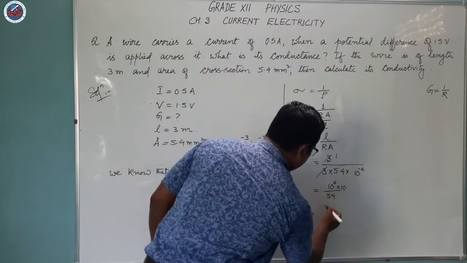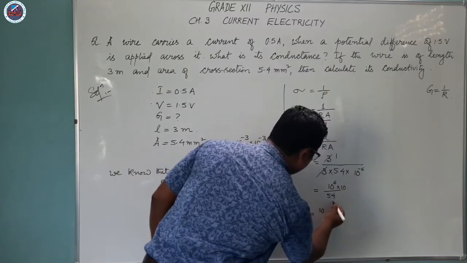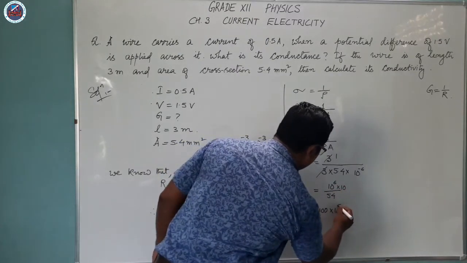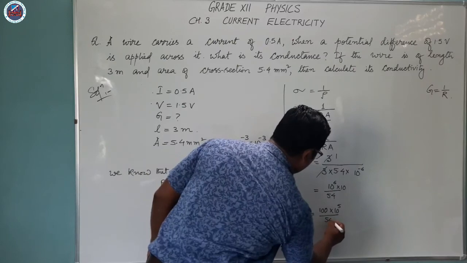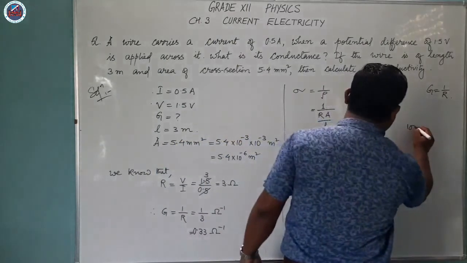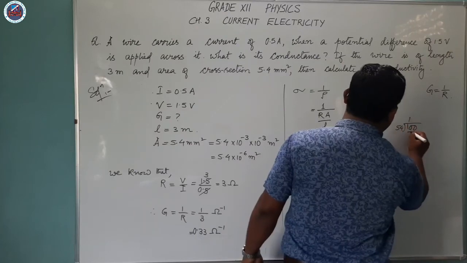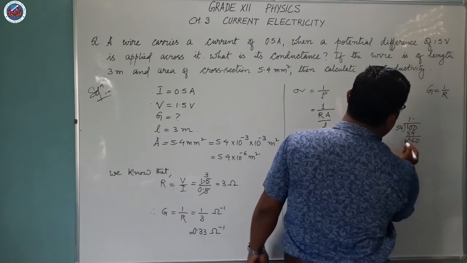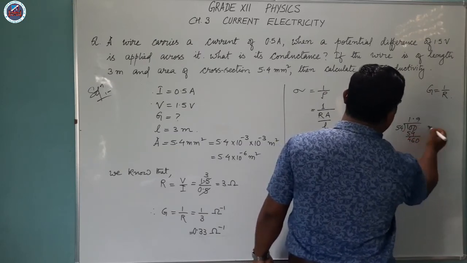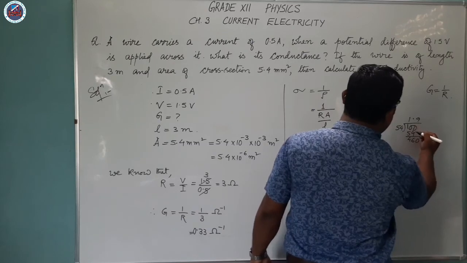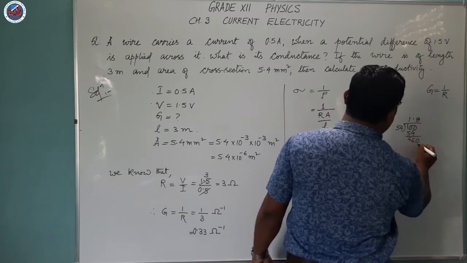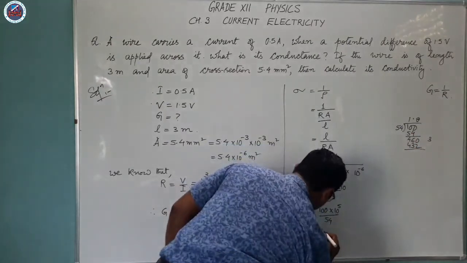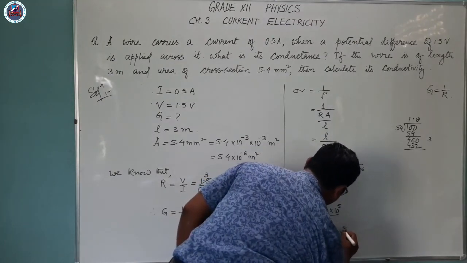You can take 10, cannot divide by 54, so make it 100 into 10 to the power 5. 100 divided by 54. 1 times 54. 46, 0 decimal. 54 8s are 432, so it will be 1.8 into 10 to the power 5.